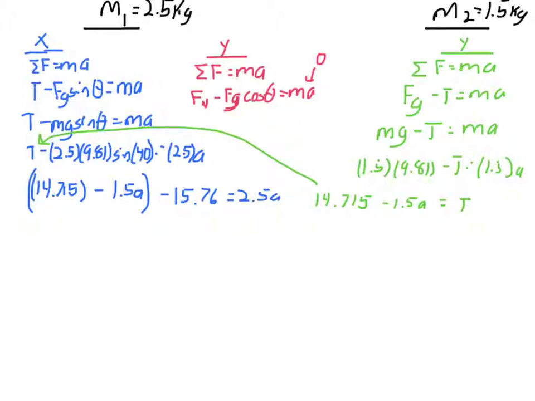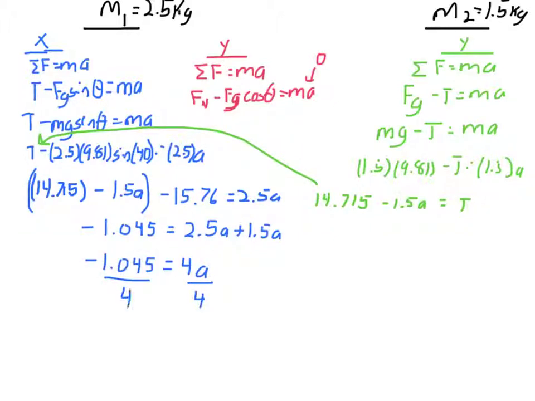As you can see, these parentheses don't really matter, so I'm going to add the 1.5 to the other side and combine these two numbers. And then I just go ahead and divide both sides by 4, and I'm going to come out with my answer of negative 0.26 meters per second squared.